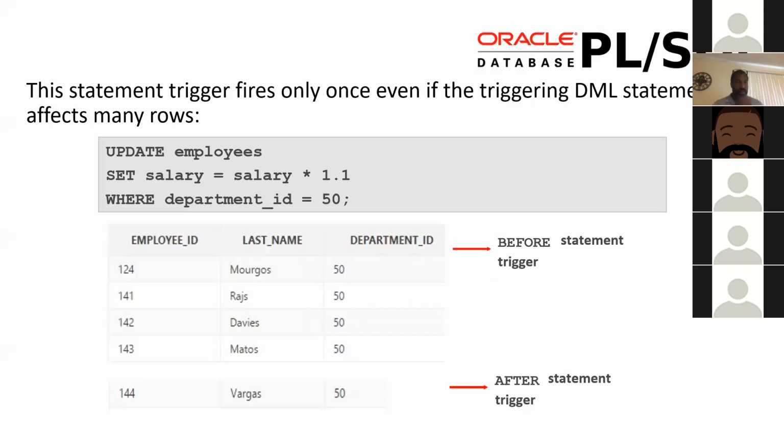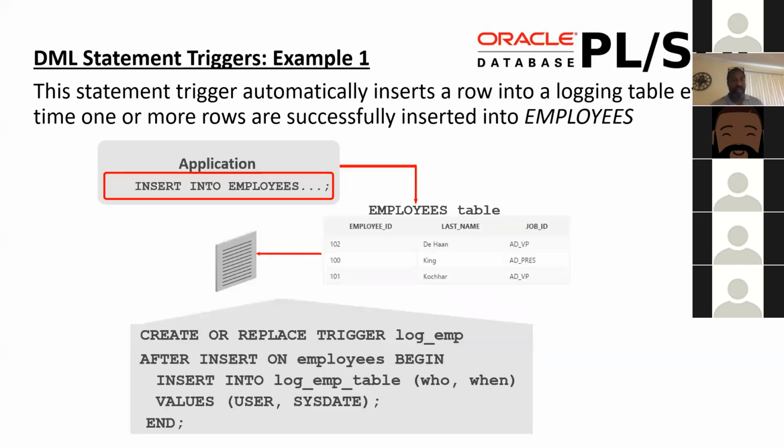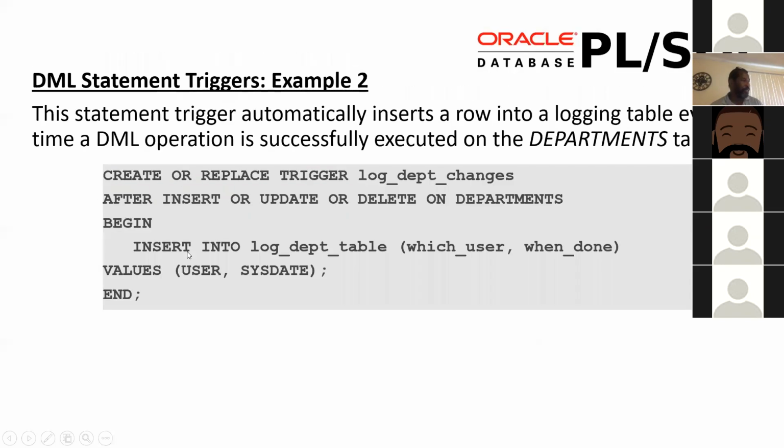If you have a before trigger, it will fire before the updates occur, and an after trigger will fire after. This is a pictorial representation of what happens when we insert a row in this employees table. We do an insert into employees, et cetera. The data gets inserted. If we have an after trigger, then the trigger fires after the data is inserted. And that's what this is illustrating with our after trigger.